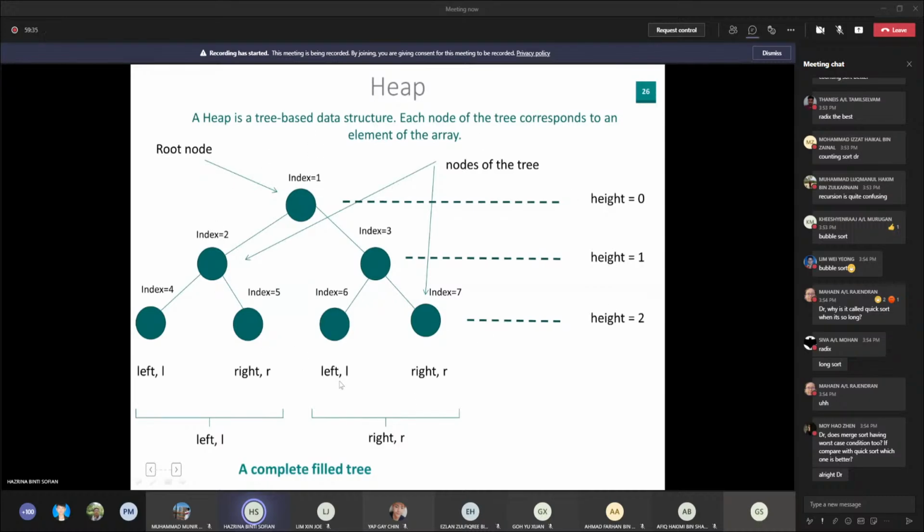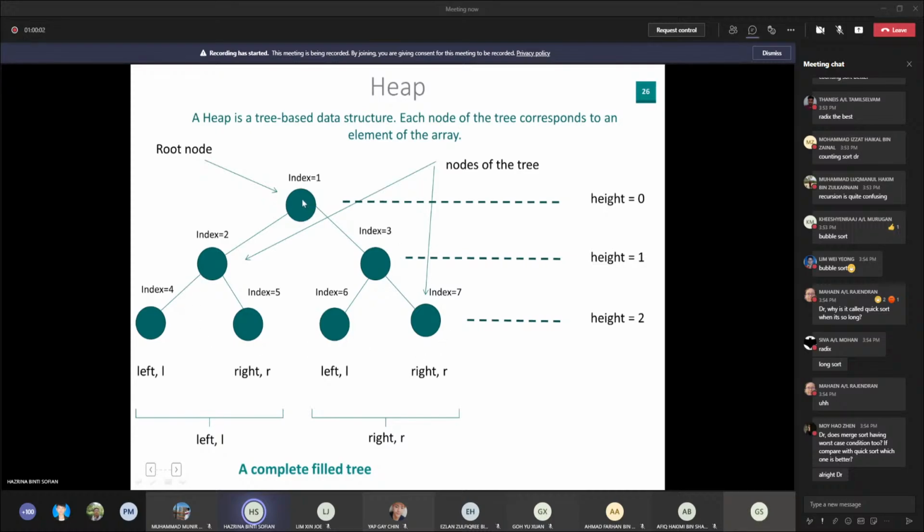So in this slide, I just want to explain the terminology in a heap. The first term is root node. The root node is the first node, which is at the top of the tree. Other than this, including the root node, we call them nodes.